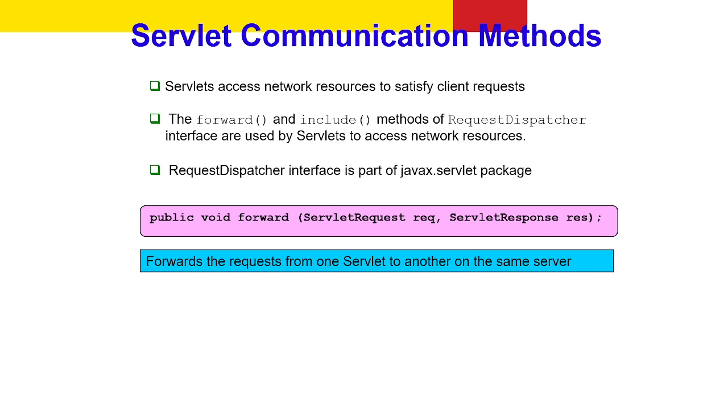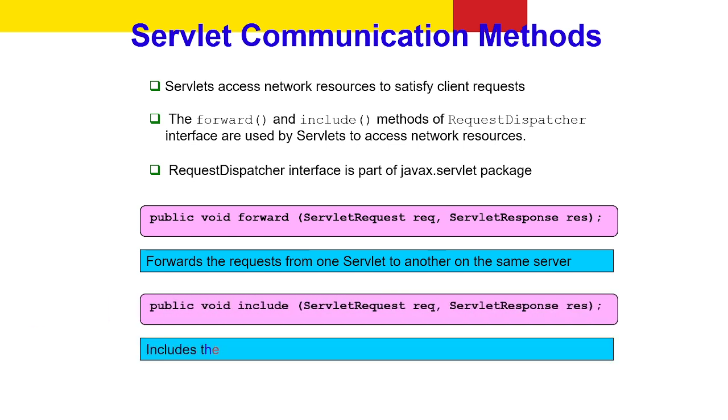Similarly, we have one more method called include. It includes the contents of one servlet in another servlet in the response. I already have one servlet, the login servlet. If the login fails, I will include the login.html file again, something like that.